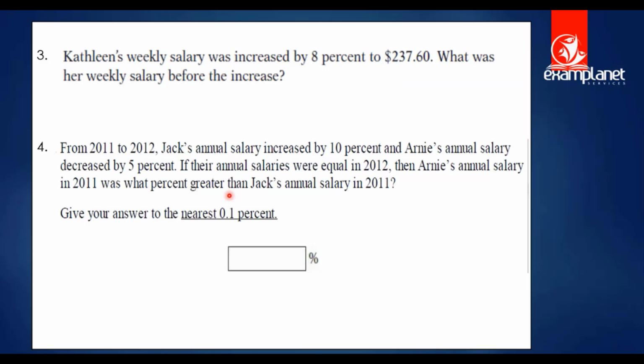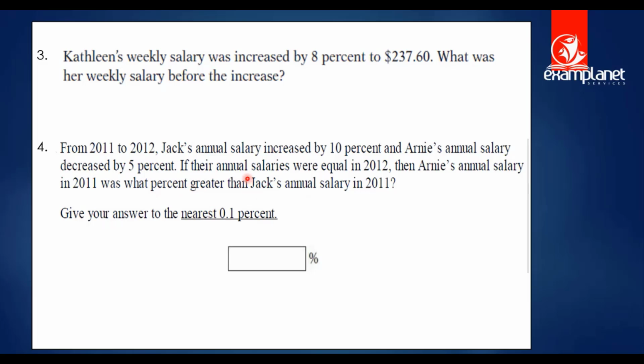So the question continues and says, if their annual salaries were equal in 2012, can you see that? In 2012, the salaries were equal. What does that mean? Meaning 1.1J for Jack is now equal to 0.95A for Annie. Then Annie's annual salary in 2011 was 1% greater than Jack's annual salary. So the best thing we need to do is to express Annie's salary, that's A, in terms of Jack's salary, that's J, for 2011.